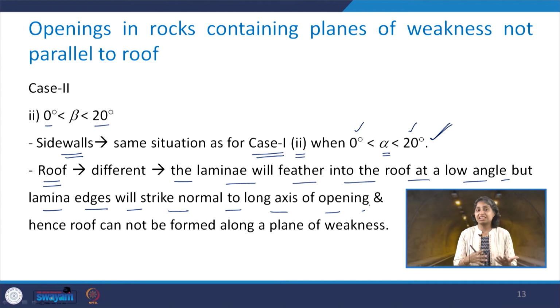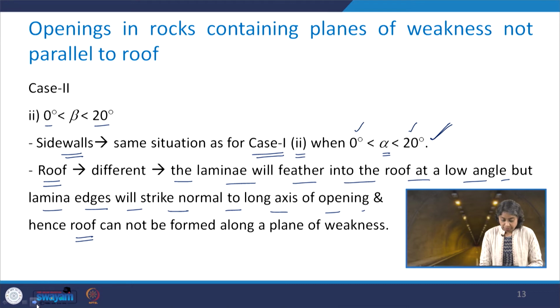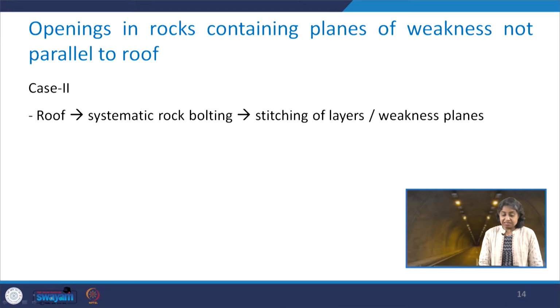In the previous case we could do that, but in this case it may not be possible. So, in this case one has to go for systematic rock bolting. As far as the roof is concerned, this results in the stitching of layers and/or the weakness plane.